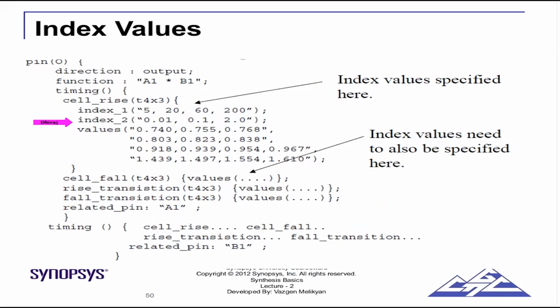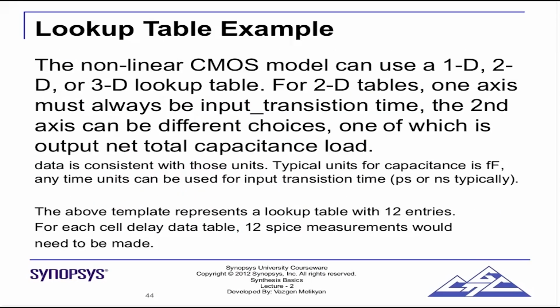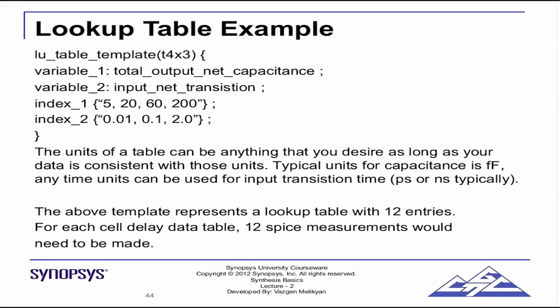So for example, let's say two cells, two AND gates. One is low drive, the other is high drive. The higher drive should ideally drive a larger capacitance. If we were using this kind of lookup table, then this value 200 will change for the high drive cell.